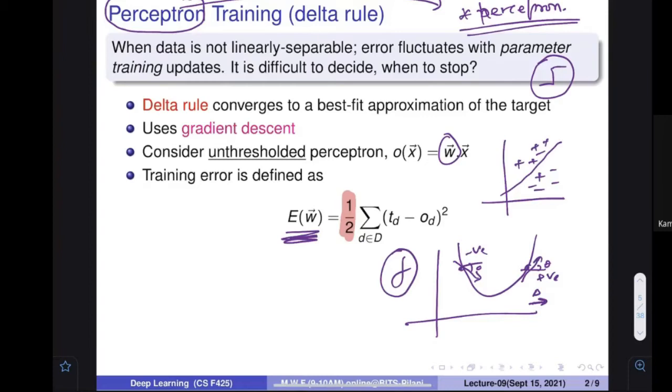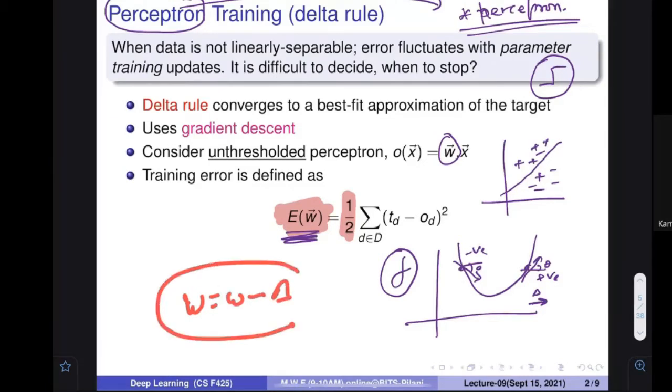But since you are representing this using an error, you want to reduce it, not increase it. If going in this direction increases the error, then you should come in this other direction. That means the parameter should be reduced by this quantity, not increased.